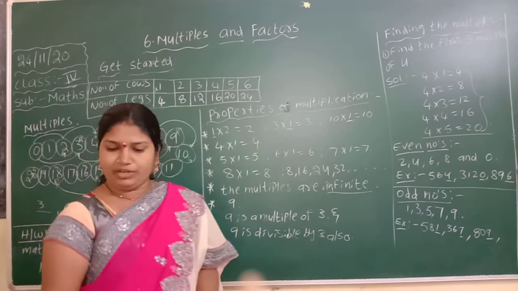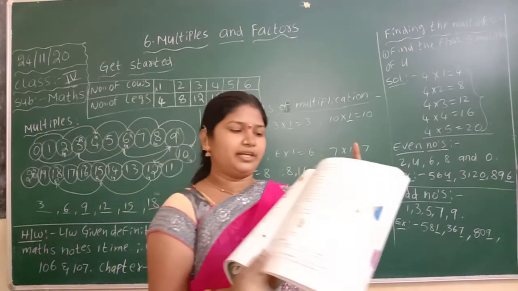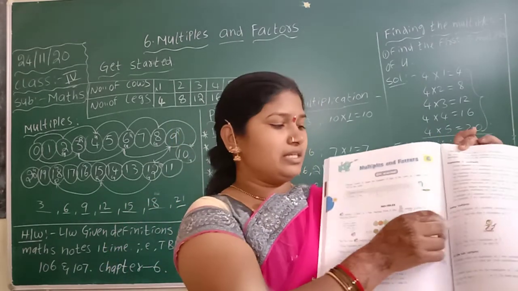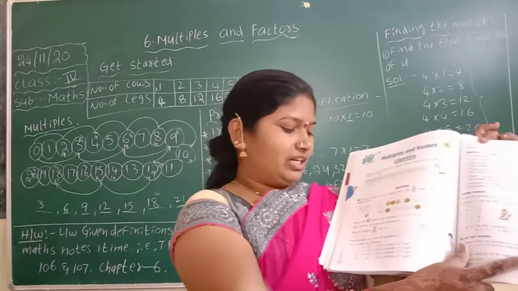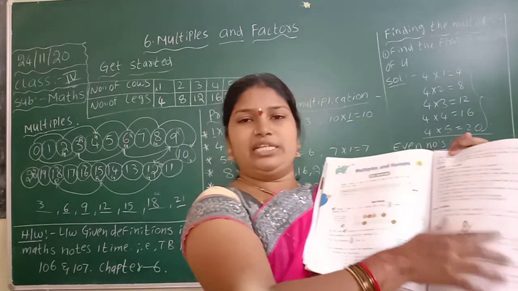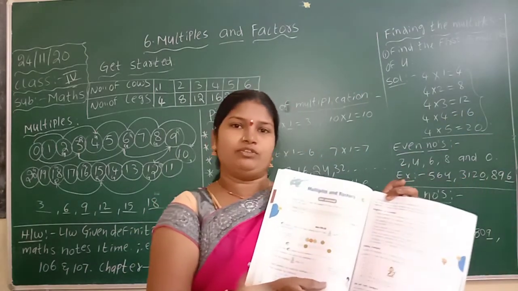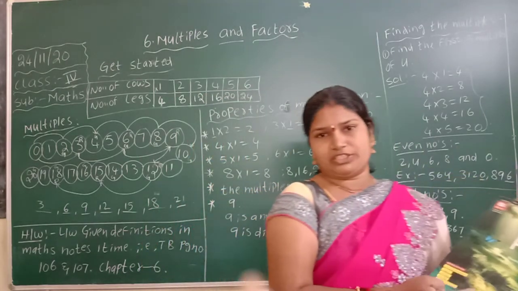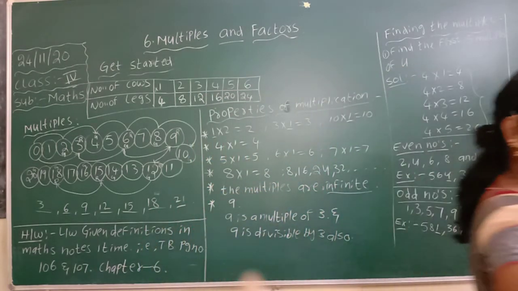Okay, everyone open your page number 107. Here they have given properties of multiples, odd numbers and even numbers. These all you have to read and write in your maths notebook. This is your homework today, and read the definitions also. Thank you.